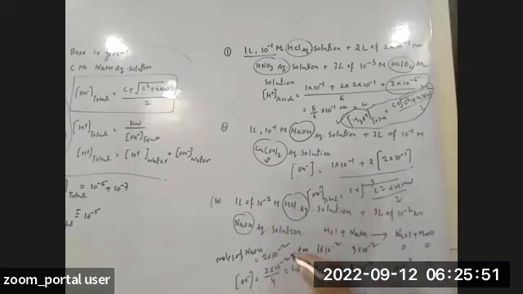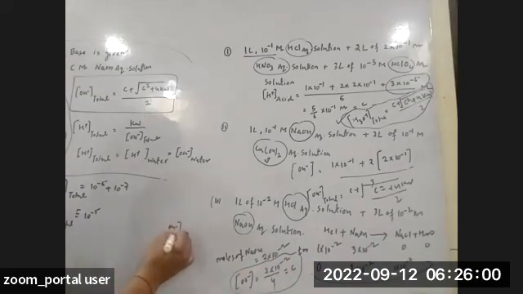Understood? Now this is the value of C. So again, we can use this formula, OH minus total is C plus root C square plus 4KW, by 2. Is this okay?